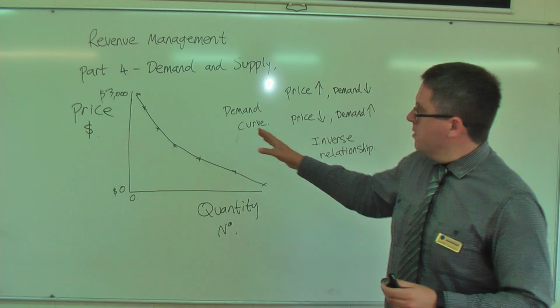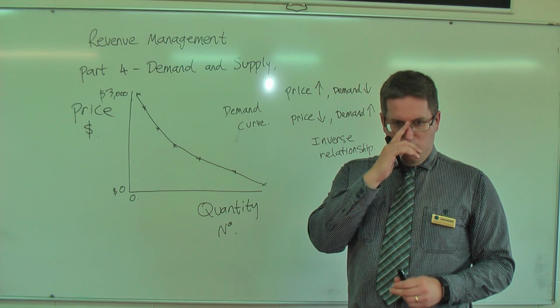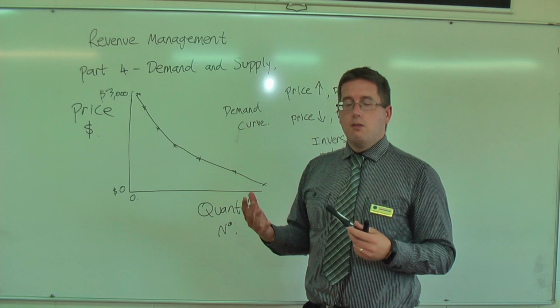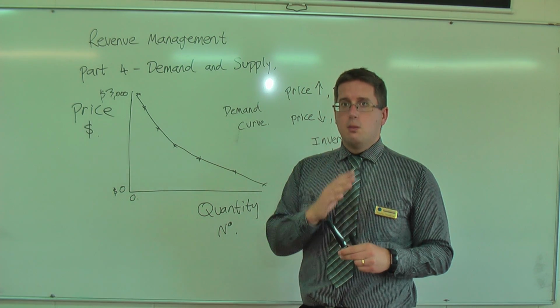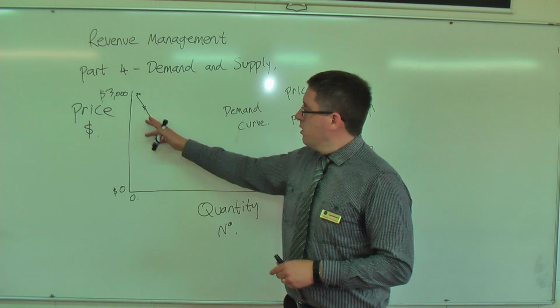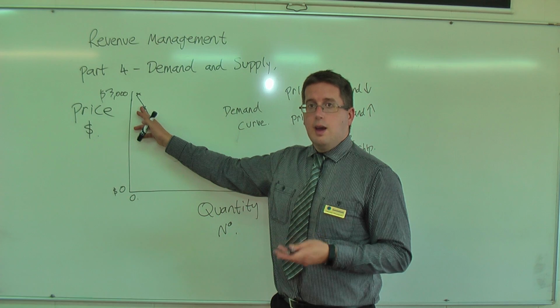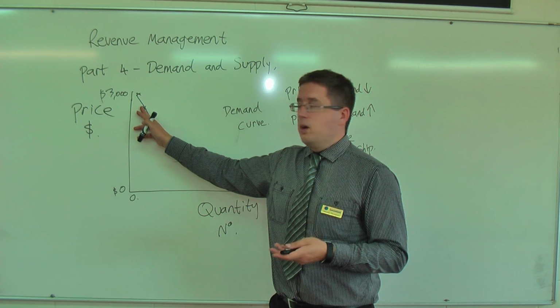This illustrates the concept of value. You'll see this in the PowerPoint. There has to be value for a consumer to buy something: perceived benefits less the price. Maybe at this price point, it's too high, so they can't see the value. The perceived benefits are less than the price.